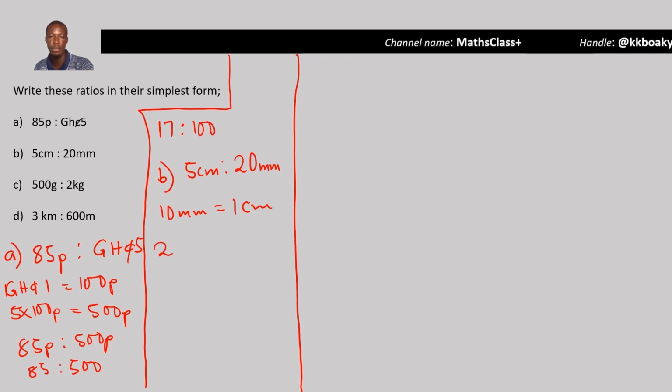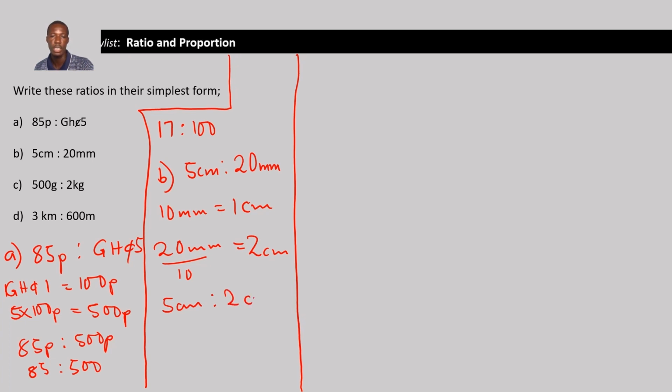So we have 20 millimeters divided by 10. So that will give us 2 in centimeters. And so our answer becomes 5 centimeters is to 2 centimeters. And since the units will cancel out, our final answer becomes 5 is to 2.